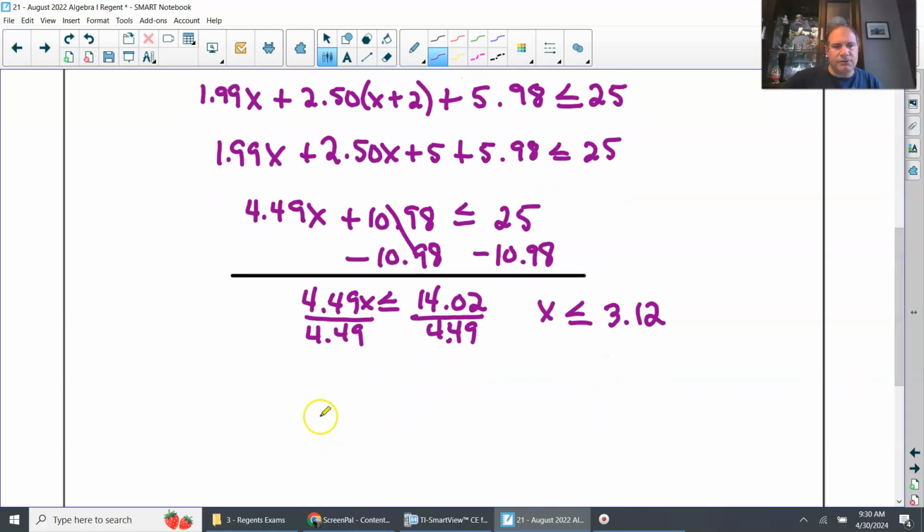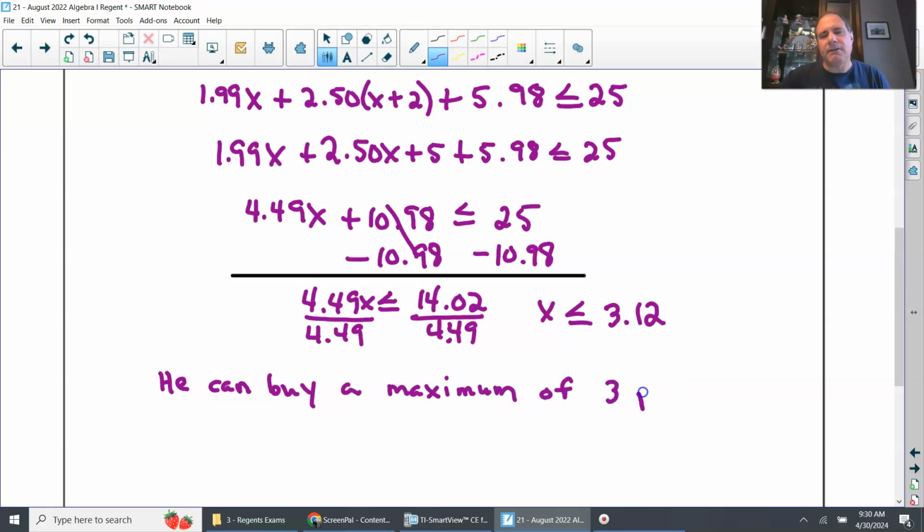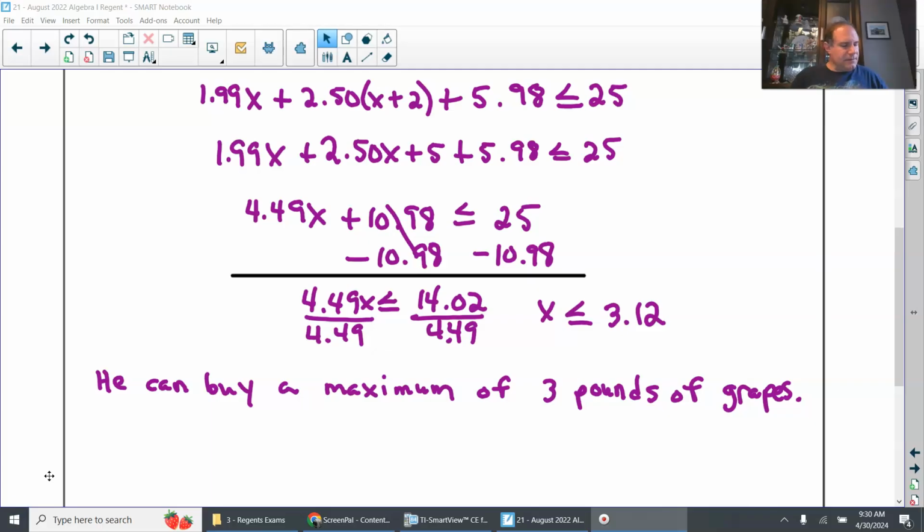And that's grapes. So he can buy a maximum of 3 pounds of grapes. And that's it. That's the end of that problem.